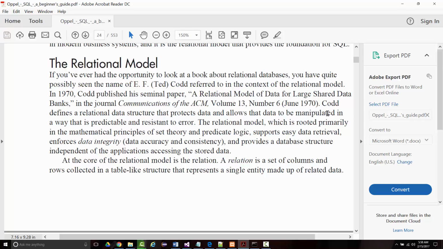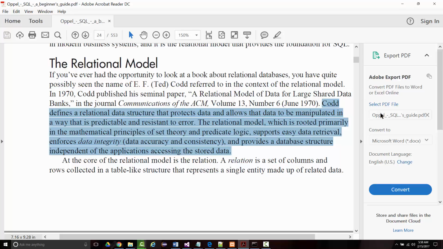Now, this was defined as a mathematical model, but the key thing is what's shown here in blue. He defines a relational data structure that protects data and allows data to be manipulated in predictable ways that are error resistant.